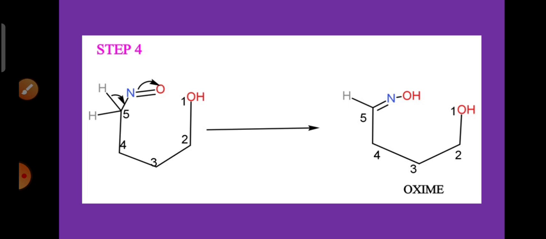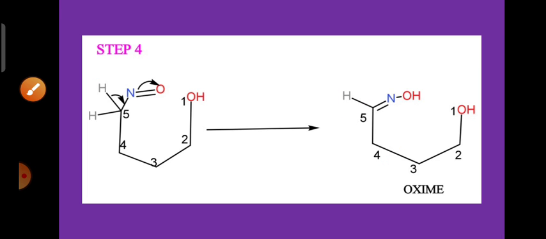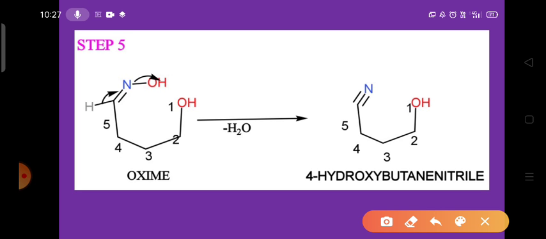In step 4, the C-H bond breaks and the N double bond changes into a single bond, and this hydrogen comes onto the oxygen. As a result, we get the oxime in the fourth step. One more hydrogen is there at the fifth carbon, so it may go into step 5. In step 5, dehydration takes place.